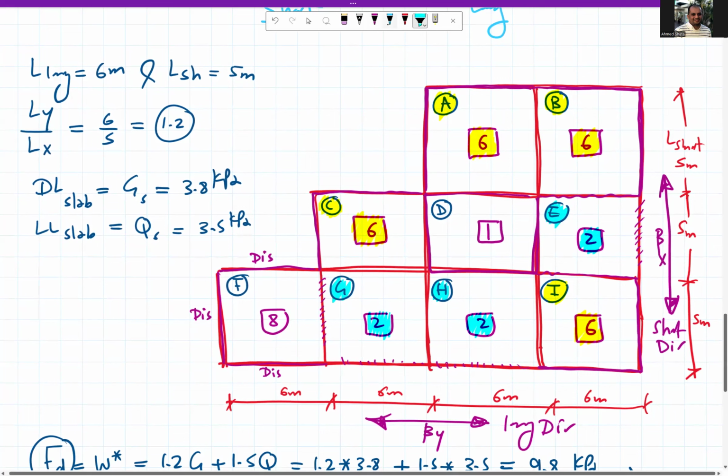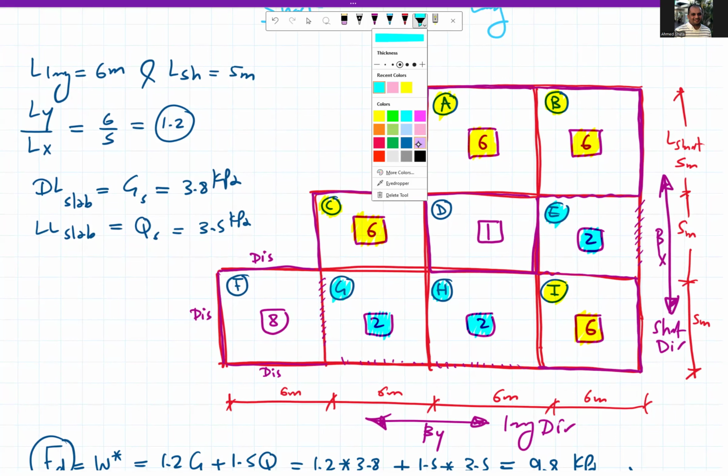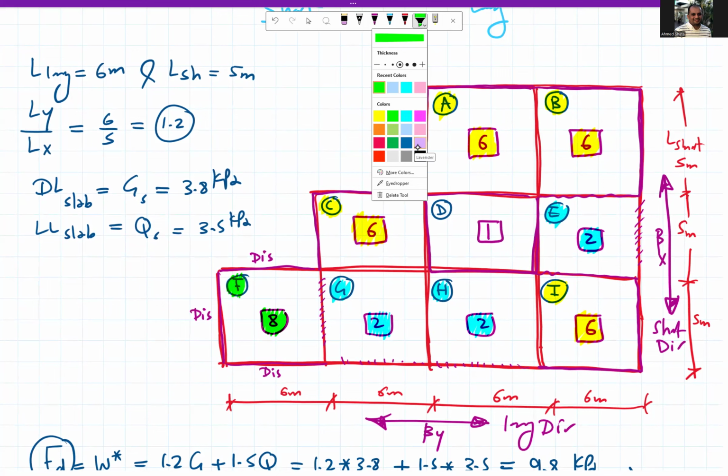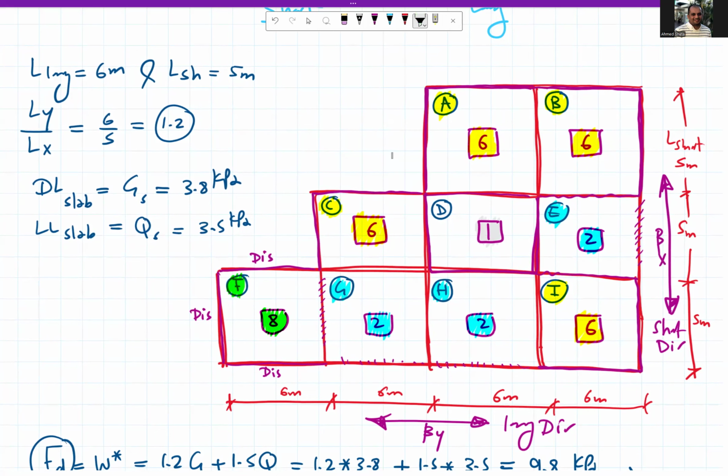And we have one slab number 8, and one slab number 1. So this is the edge condition of the slabs we have.